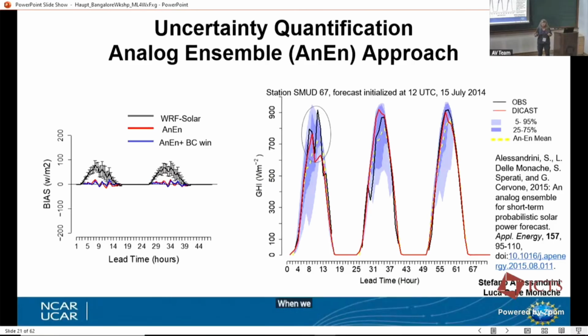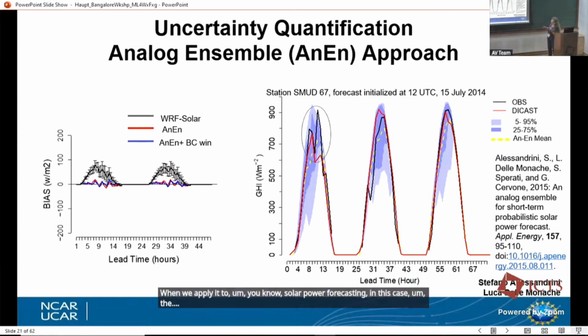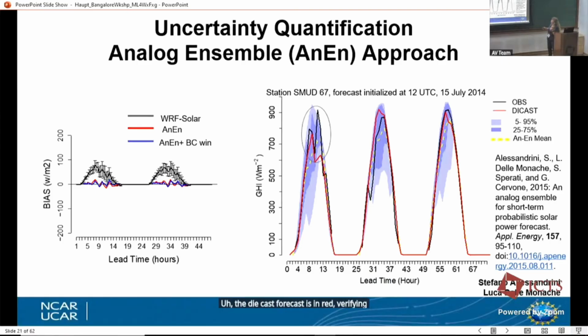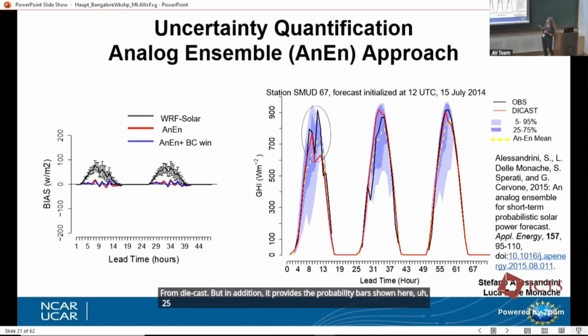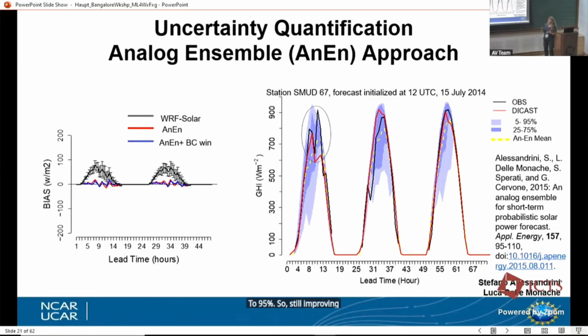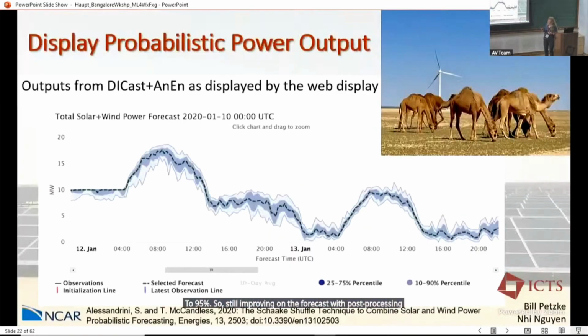When we apply it to solar power forecasting, in this case, the DICast forecast is in red, verifying obs in black, and the analog ensemble corrects from DICast. But in addition, it provides the probability bars shown here, 25 to 75, and then the lighter purple is 5 to 95%. So still improving on the forecast with post-processing with machine learning.